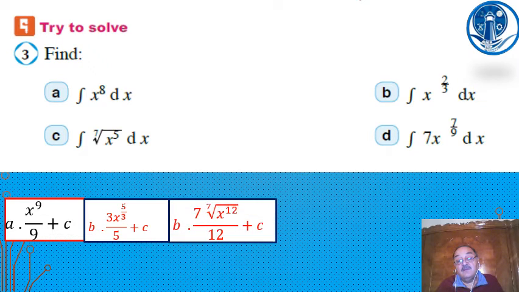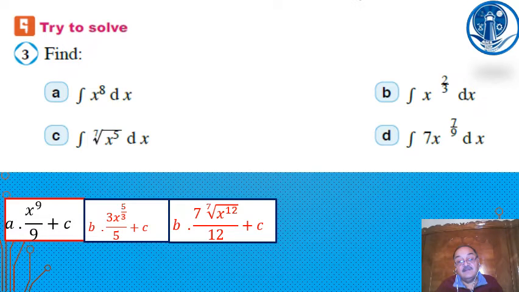Okay, very good. Number B, we have to make it x power 5 over 7. 5 over 7 plus 1 will be 12 over 7.